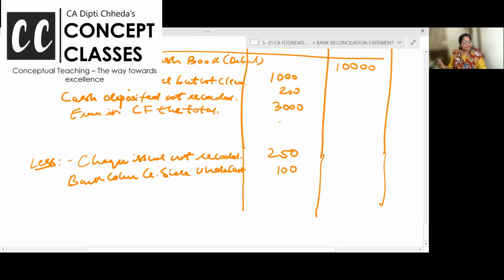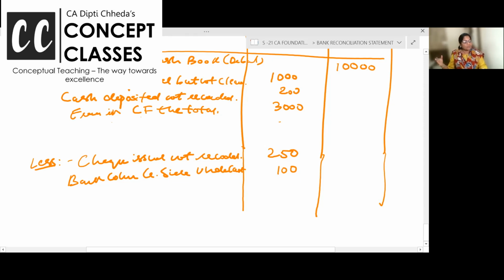If you allow someone a discount, the bank account you have credited. So now what should you do? Debit you should do. Check once: cash discount allowed, 112 was recorded as 121 in the bank column. I hope you are getting it.